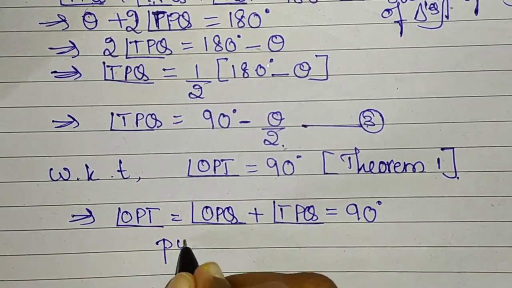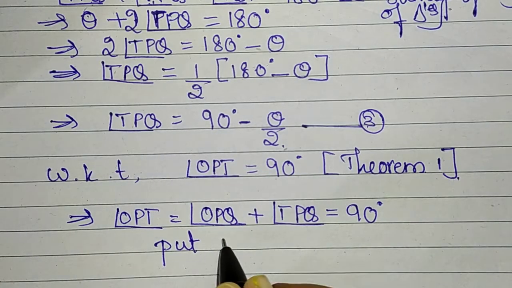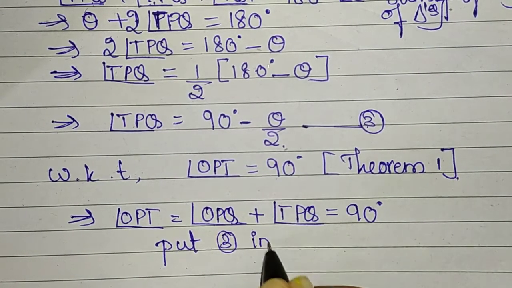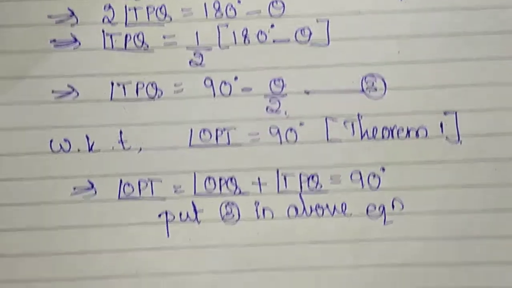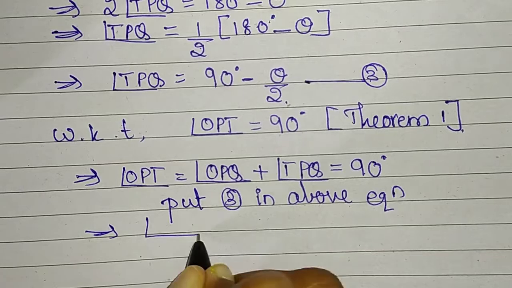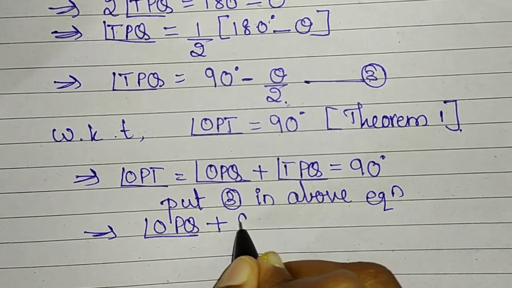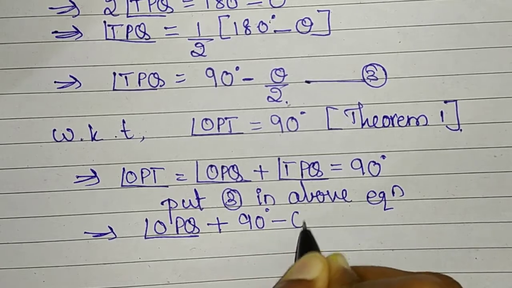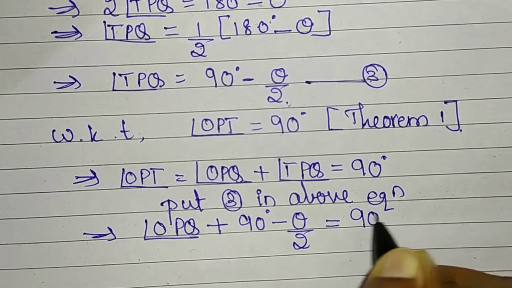From result 3 we have the value of angle TPQ. Put 3 in the above equation. So we get angle OPQ plus 90 degrees minus theta by 2 is equal to 90 degrees.